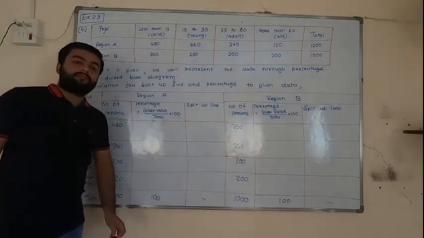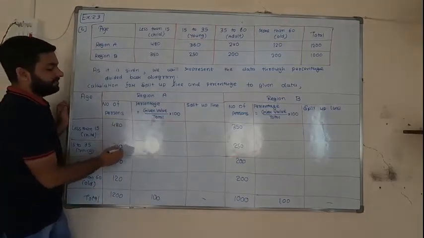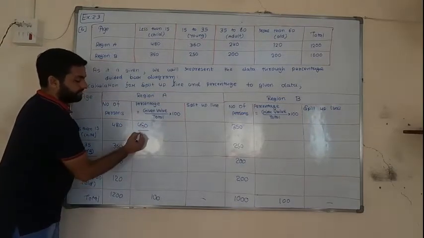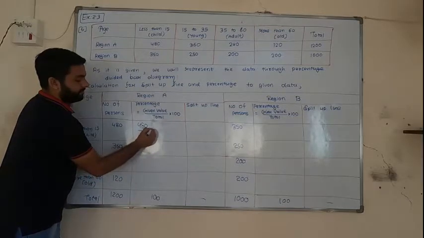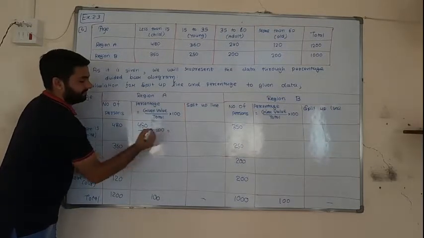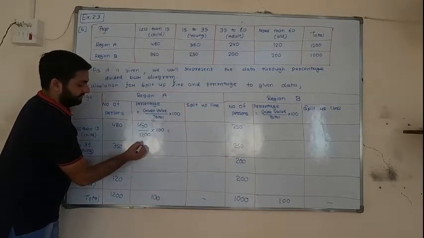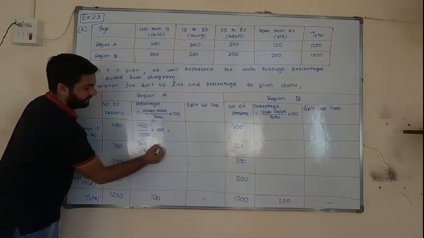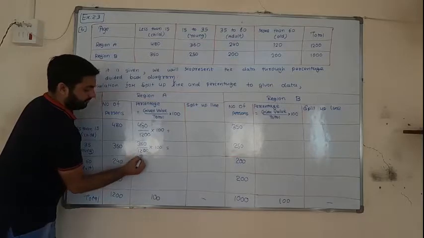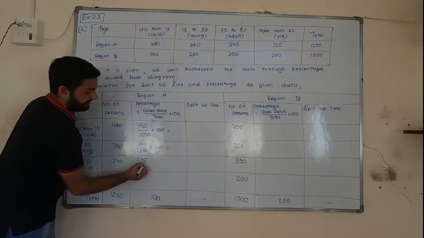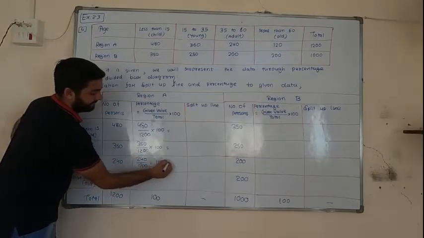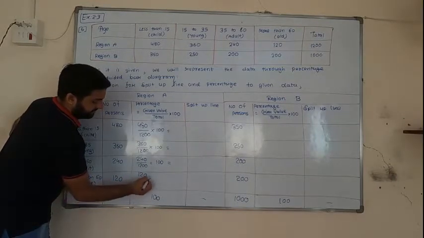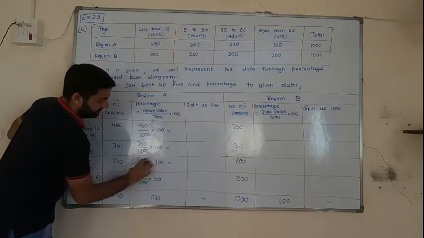Okay, now how to calculate the percentage? Given value is 480, total value is 1200, multiply 100, then 360 divided by 1200, multiply 100, 240 divided by 1200, multiply 100, 120 divided by 1200, multiply 100.